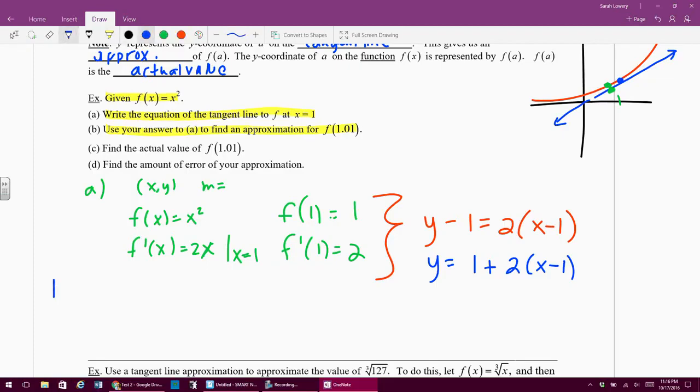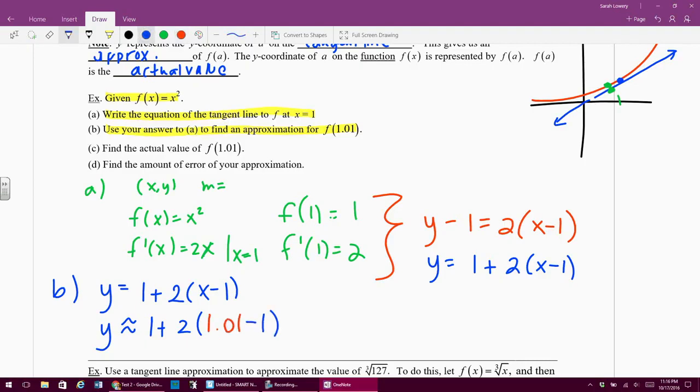So what this means is, instead of plugging 1.01 into my function, I can use my tangent line, y equals 1 plus 2 times x minus 1, to approximate f of 1.01 by plugging in 1.01 for x, and I'm going to get approximately 1.02.